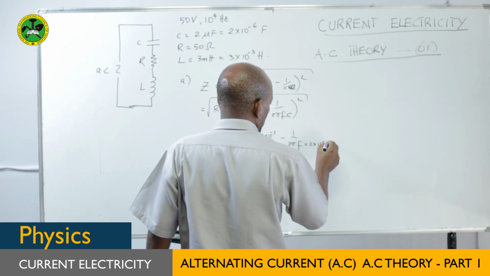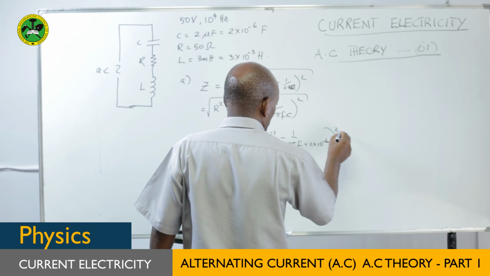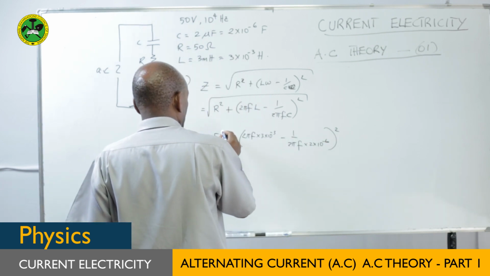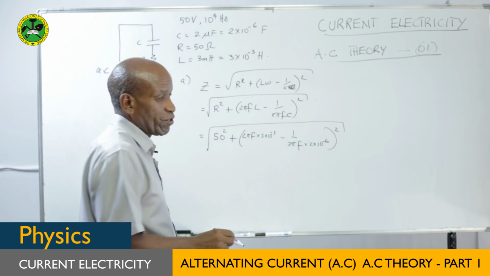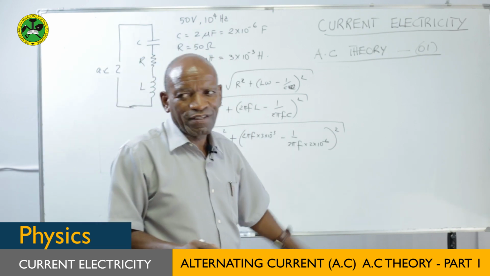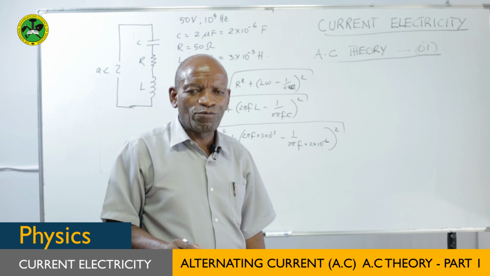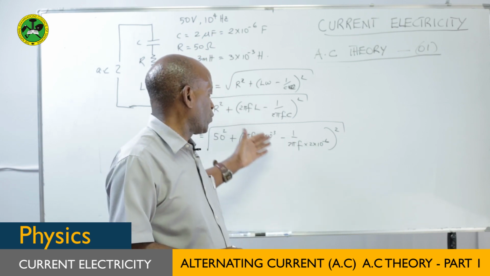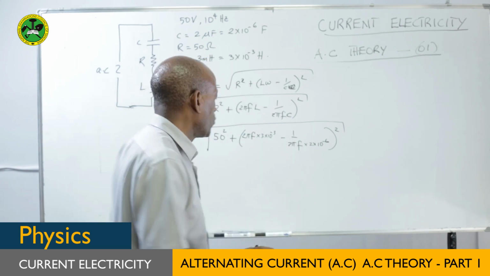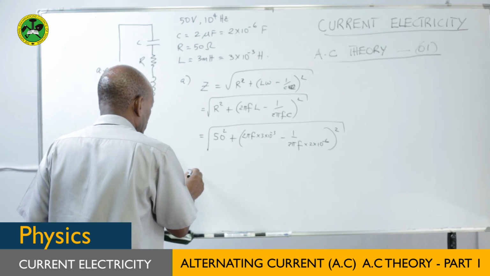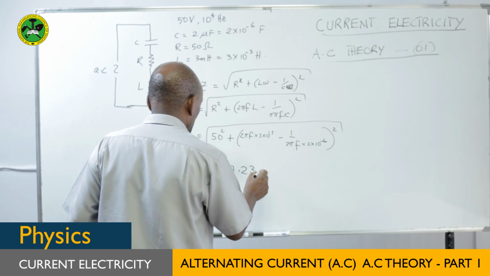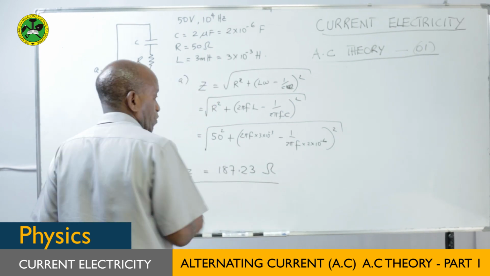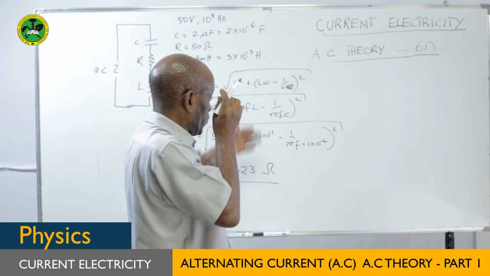The whole of this we square, plus 50 squared, and finally we determine the square root. This is just arithmetic, which I believe you can substitute to get the total impedance, which will be equal to 187.23 ohms.